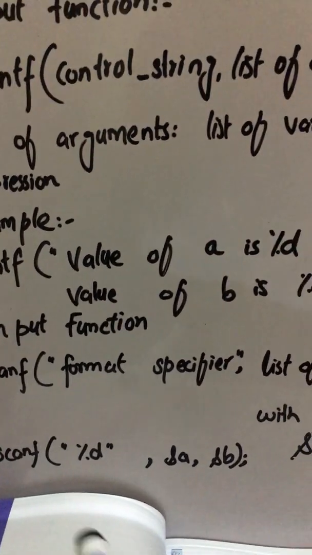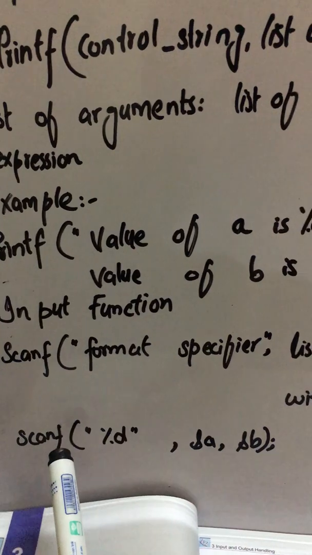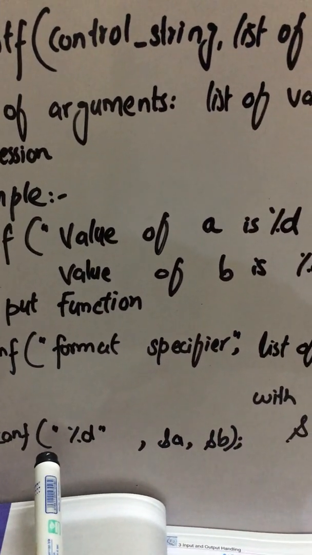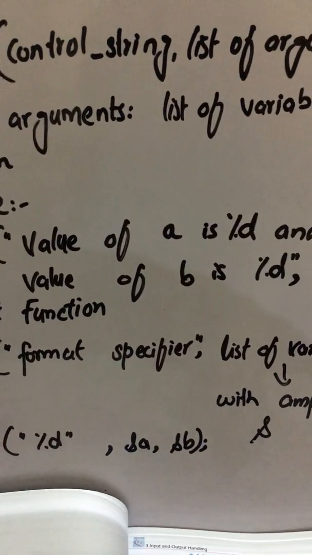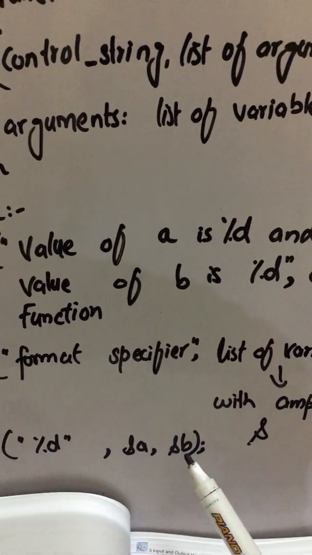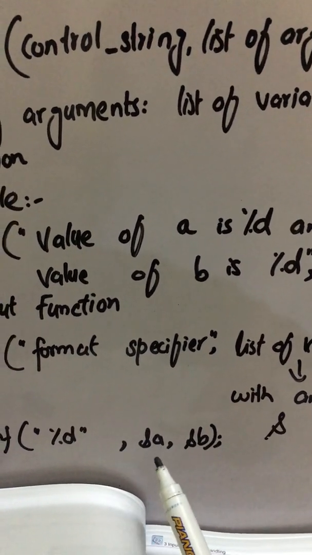So the input function is scanf. In double quotes you will write %d, comma, &a and &b. Ampersand a and ampersand b mean that these are the variables and you have to write them with the ampersand sign.